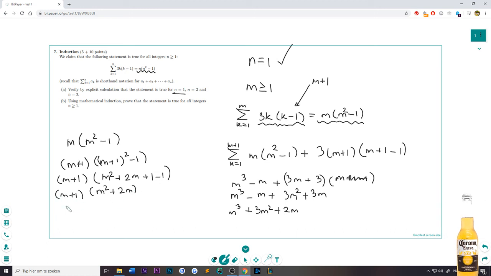And so that's going to give us m to the third plus 2m squared plus m plus m squared plus 2m. Does that make sense? 1, 2, 3, wait, that's one term too many.